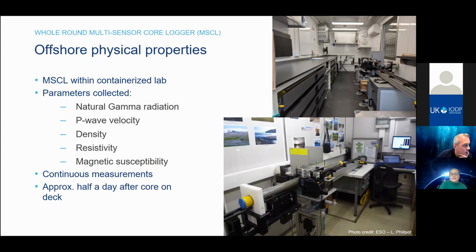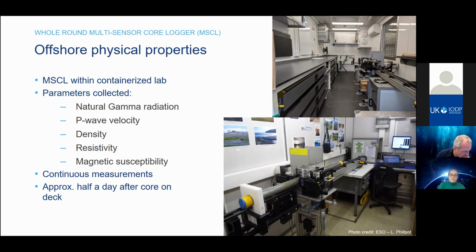During the offshore phase, we mainly work in our containerized lab, which you can see here on the side. We are sailing with a whole round multi-sensor core logger, short MSCL. And during the offshore phase, we collect natural gamma radiation, which already gives you an indication of, for example, the clay content of your strata.